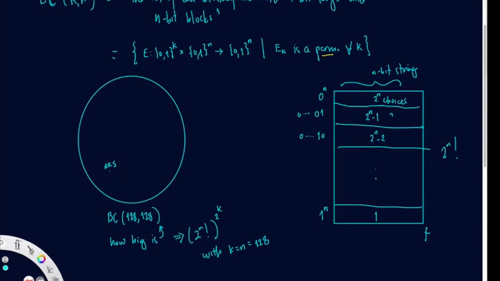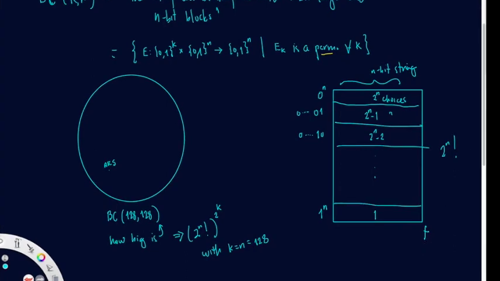I might ask you on the side to think about how many ways there are to fill in this table if I just want to know functions f. So maybe I'll just put that down as a side question: how many functions from 0,1 to the n to 0,1 to the n?